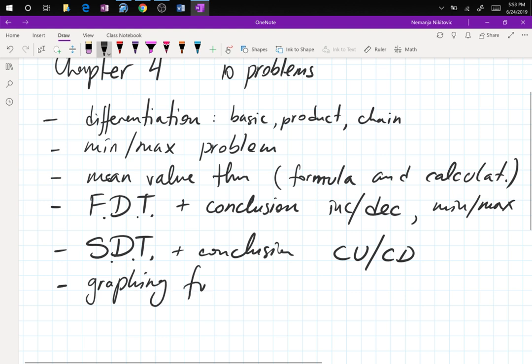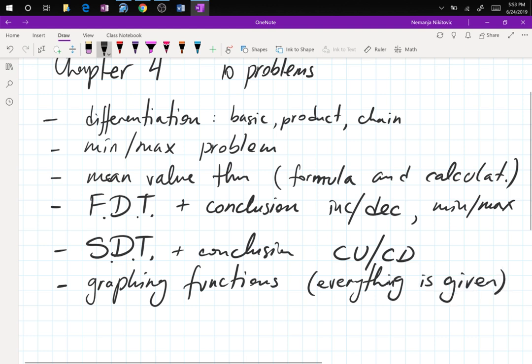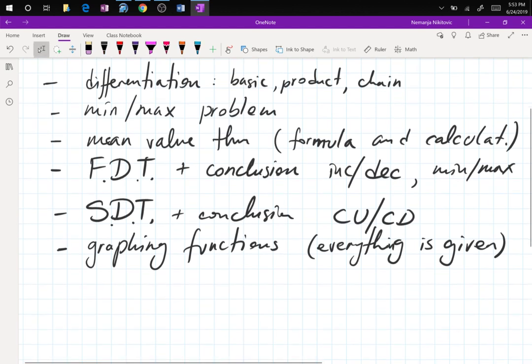Graphing functions. Everything is given, so you need to look at the stuff. Remember how that was a very long problem which contained min and max and first and second derivative and x-intercepts, asymptotes. So all of that stuff will be given to you because you will have individual problems.